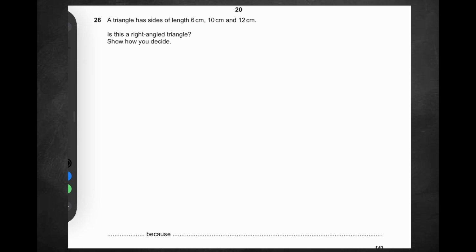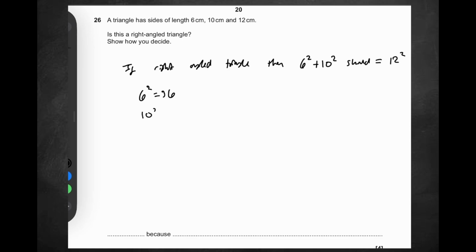Well, if right-angled triangle, then 6 squared plus 10 squared should equal 12 squared. 6 squared equals 36, 10 squared equals 100, and 12 squared equals 144. 36 plus 100 does not equal 144, therefore not right-angled triangle.